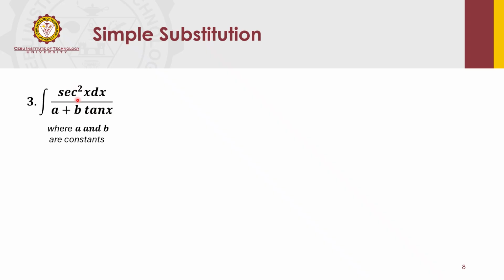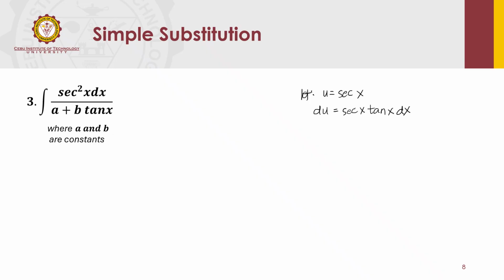So let's say you set secant x as your u, so du would be, let's write it here at the side. If you let u be secant of x, the differential of secant x is secant x tangent x times dx, since the derivative of secant is secant tangent.